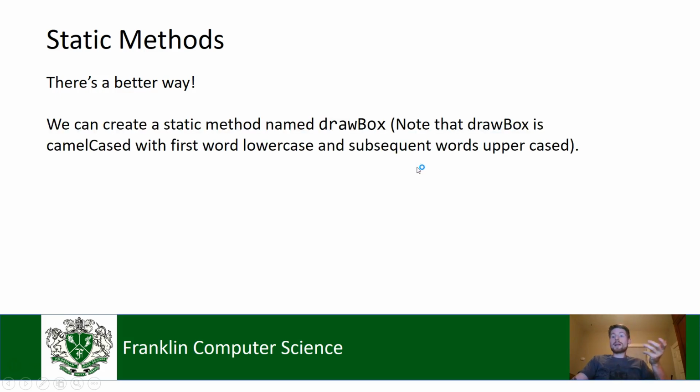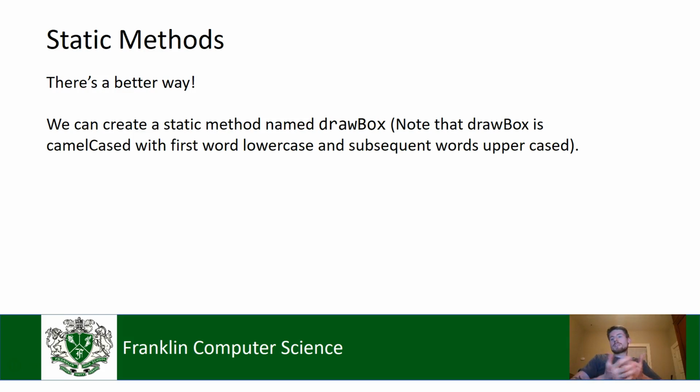So there's a better way than just writing it all out in main, writing all those System.out.printlns. We'll create a static method, and we want to name things well so that they're easy to understand, so that future us can go back and look at the code we wrote a year ago or 6 months ago, and it's still understandable.